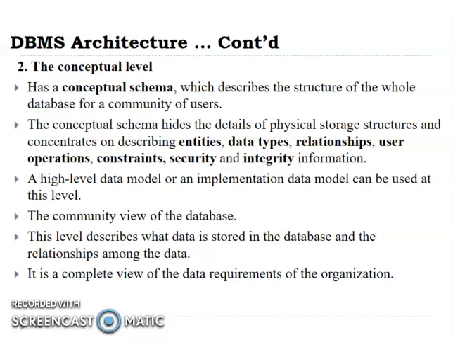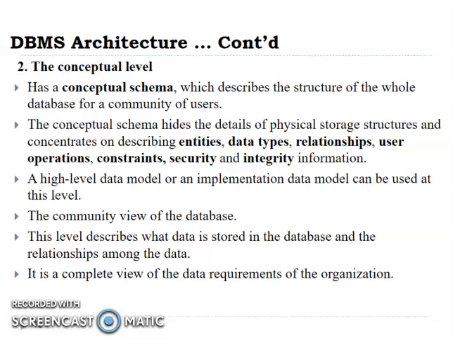Rather, the conceptual level is focused on the entities you use, the data types, the relationships between entities, and the user operations, that means adding, dropping, deleting, and different kinds of operations. Then the constraints, or the rules the user must fulfill to use the data. The fourth one is security and integrity information.